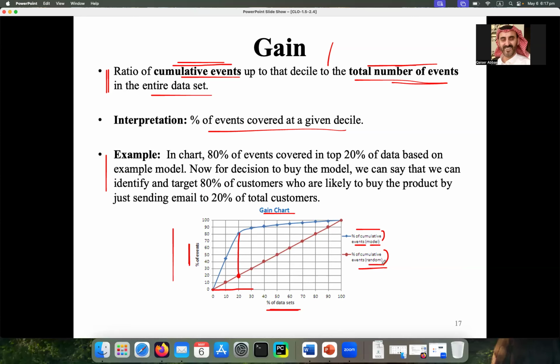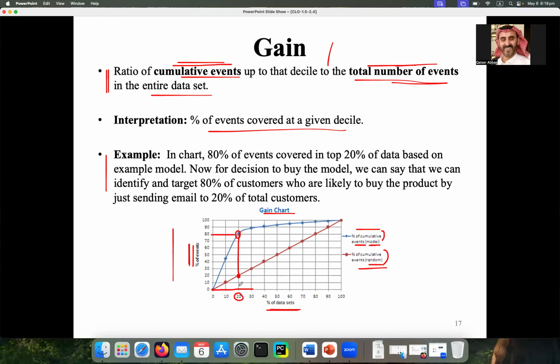Random means manual. You can do it by yourself, checking on every decile. But this model means you are checking on the model. So when you have covered 20% of the data, you have covered 80% of the events from your data set.